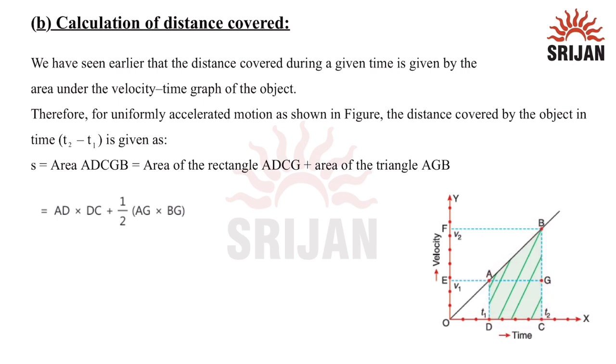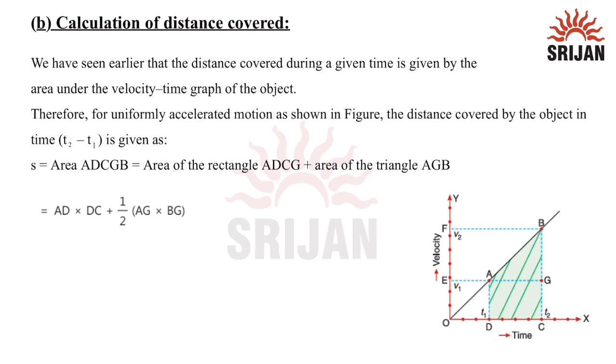Now, we will simplify this by dividing it in two parts. And as we know that distance is a scalar quantity, so we can simply add these two, the rectangle and the triangle, because we are way more comfortable in finding the area of these. So the area of triangle ABG and the area of rectangle AGCD.